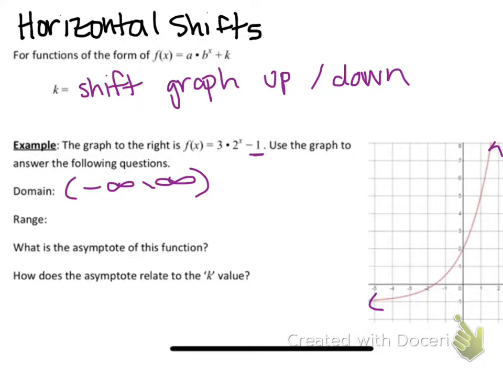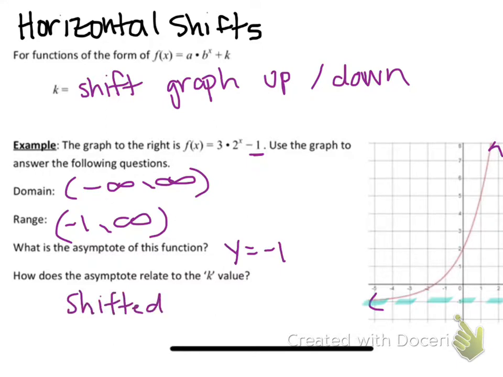My range, though, is now -1 to infinity, and it's -1 because my graph is leveling out this time at -1. The asymptote of the function is at y equals -1, and the k value shifted me down 1 unit.